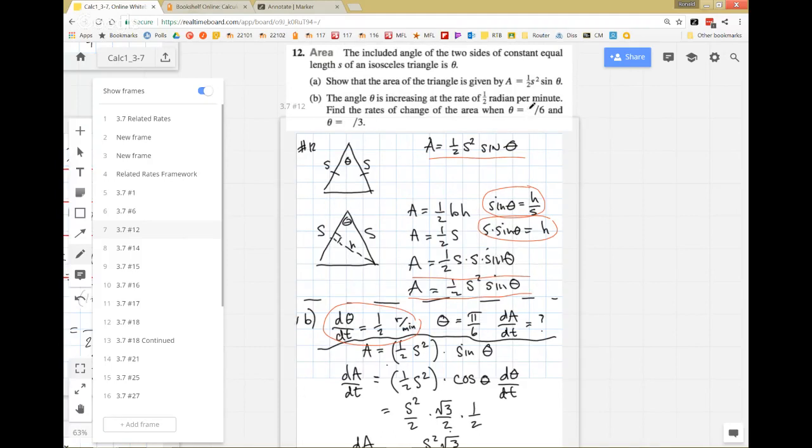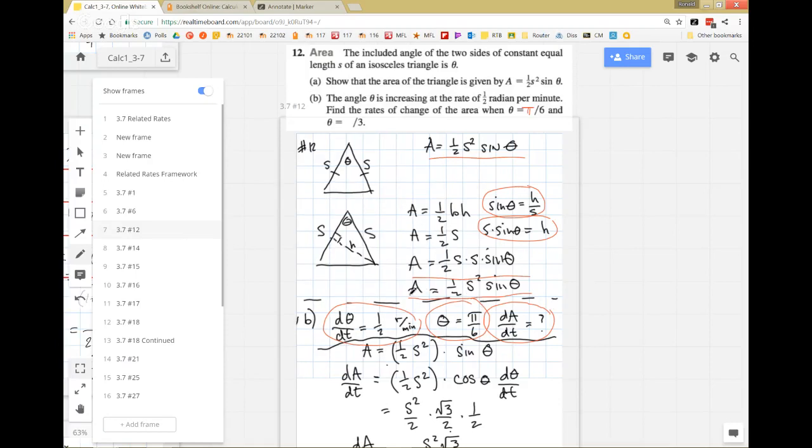I don't know why that's not showing up. There, I just stuck it in. So I wrote that down. And what are we supposed to do? Find the rate of change of the area. So now I've got all the given information and the thing I'm supposed to find.